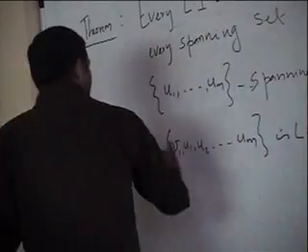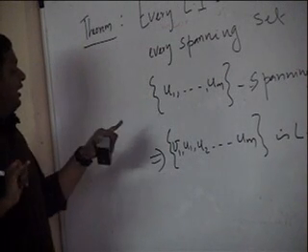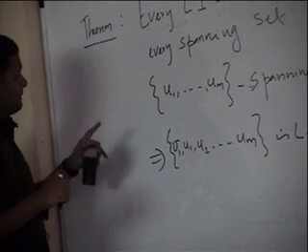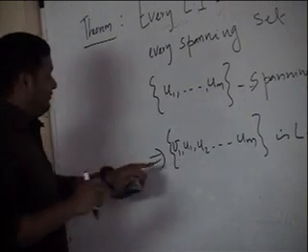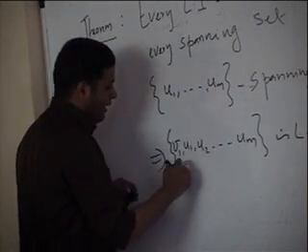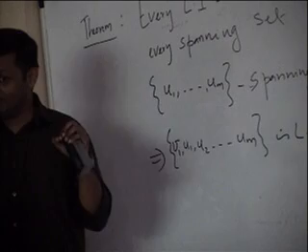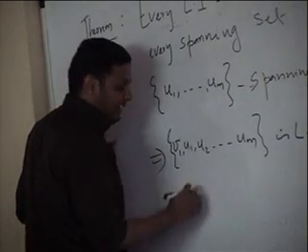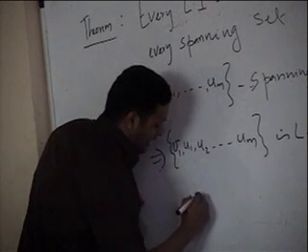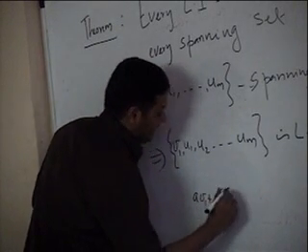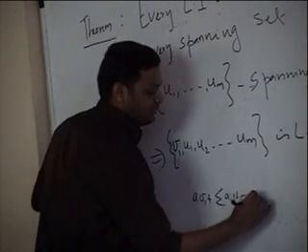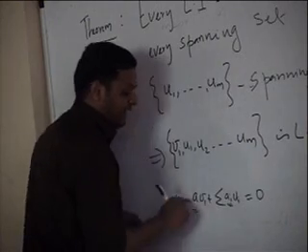This means there exist some a V1 plus summation ai ui equal to 0, but not all of these ai's and a are 0.